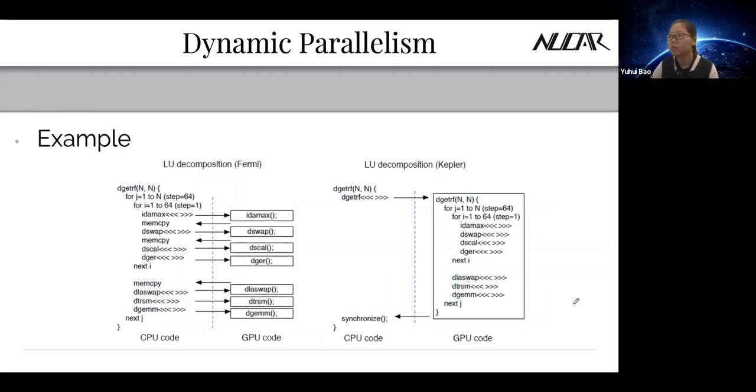Here is an example of LU decomposition for both the Fermi and Kepler architectures. As I said, starting from Kepler we have dynamic parallelism. Before, we had to launch the kernel, come back to the CPU, do some data management and work, and then launch the kernel again.